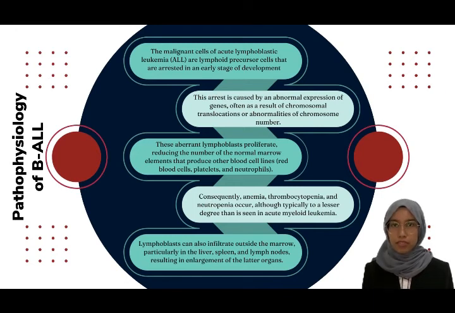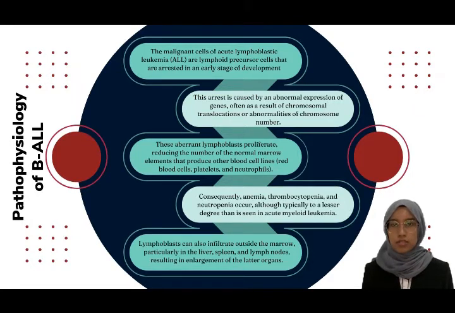Next is pathophysiology. The malignant cells of acute lymphoblastic leukemia (ALL) are lymphoid precursor cells, like lymphoblasts, that are arrested in an early stage of development. This arrest is caused by an abnormal expression of genes, often as a result of chromosomal translocation or abnormalities of chromosome number.